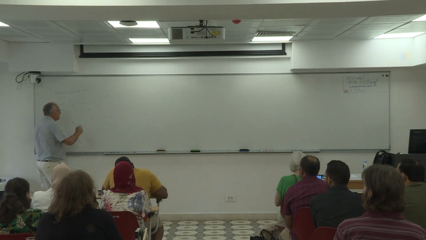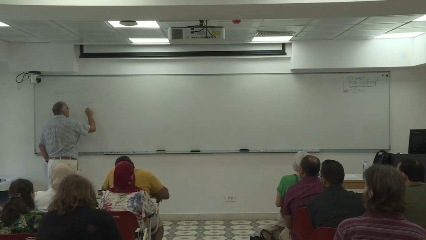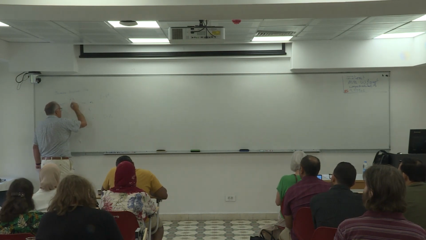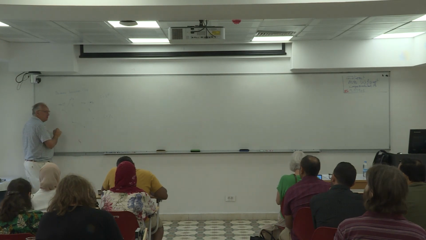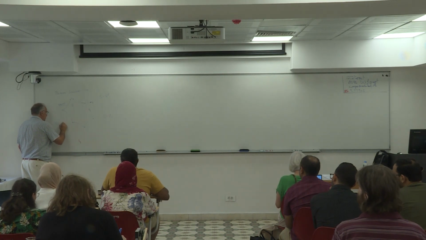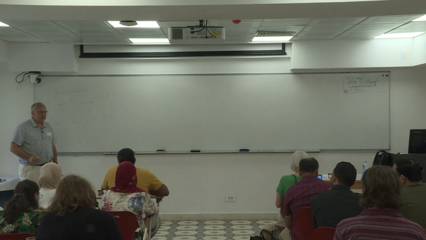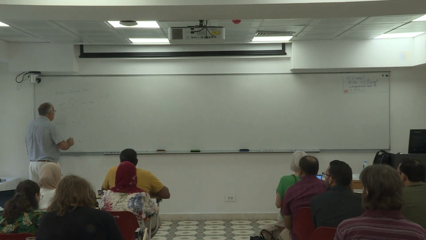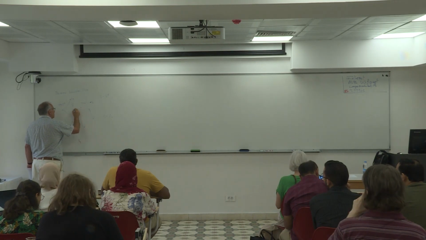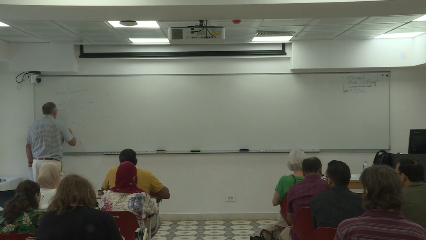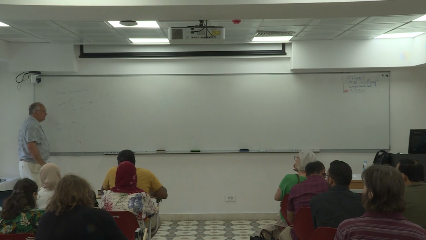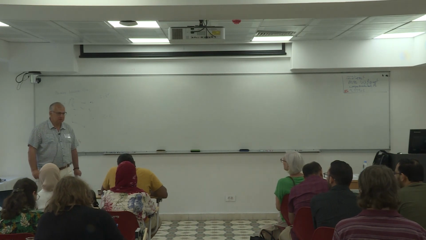At corner points, let these be corner points S1, S2, and so on, the vector field vanishes. V of Si is 0. And it can vanish inside at some finite number of points, E1, E2, and so on. So our vector field vanishes also at these points.